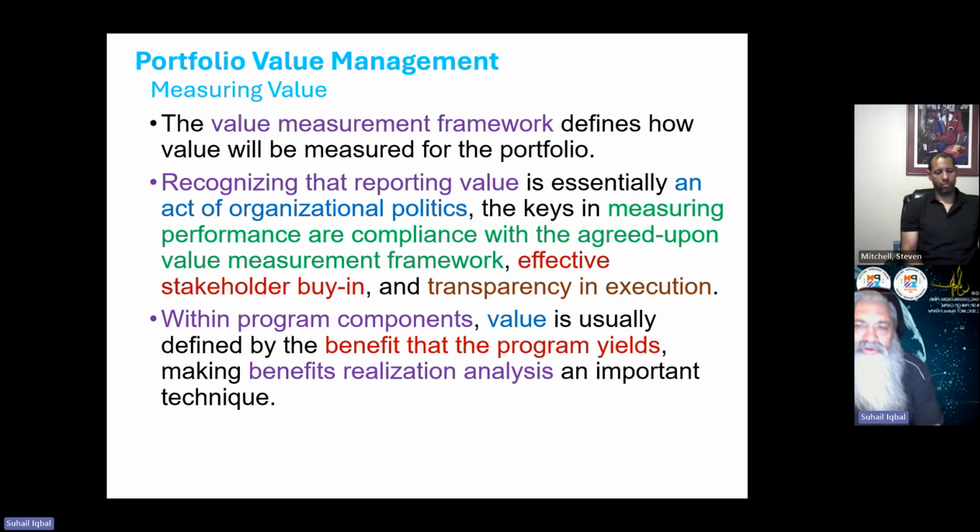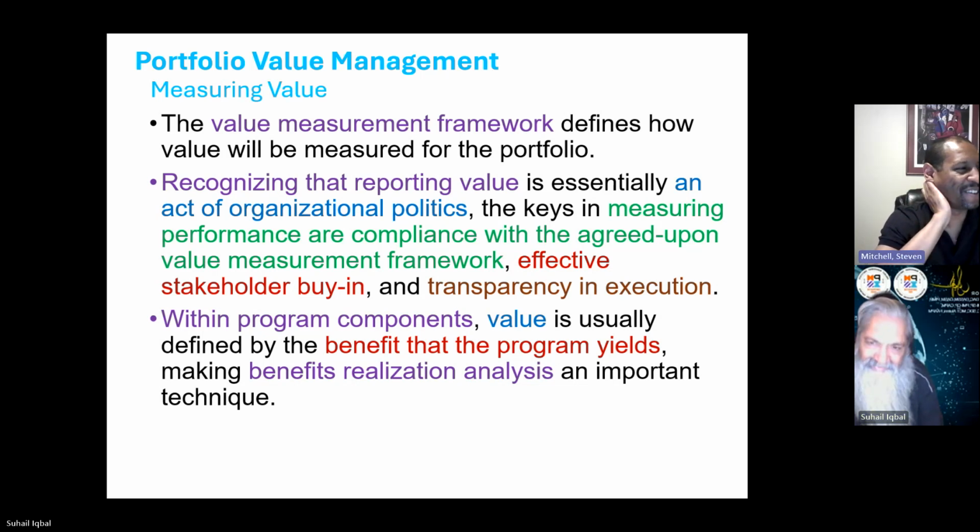You must also look at the effective stakeholder buy-in, transparency in execution. Now, I said if there is organizational politics that is not transparent, that is kind of conflicting. Exactly. So we should advocate transparency in execution.